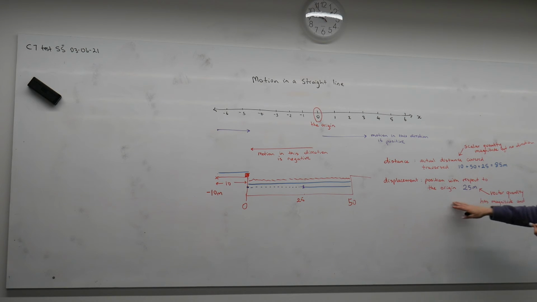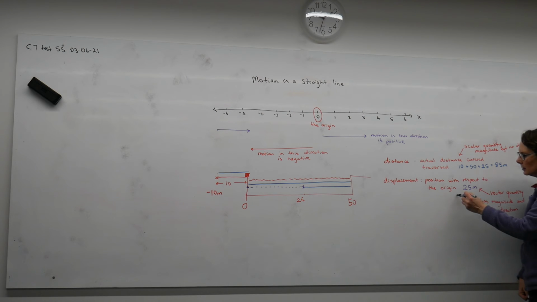And the reason why we have direction is because, remember, we're measuring it with respect to the origin. So we need to know where the origin is and where the person is to be able to say what the displacement is. Has everybody heard of scalar and vector before? Okay. And so hopefully you realise that even though at the moment I haven't written in a direction, I sort of have, in that this is a positive number.